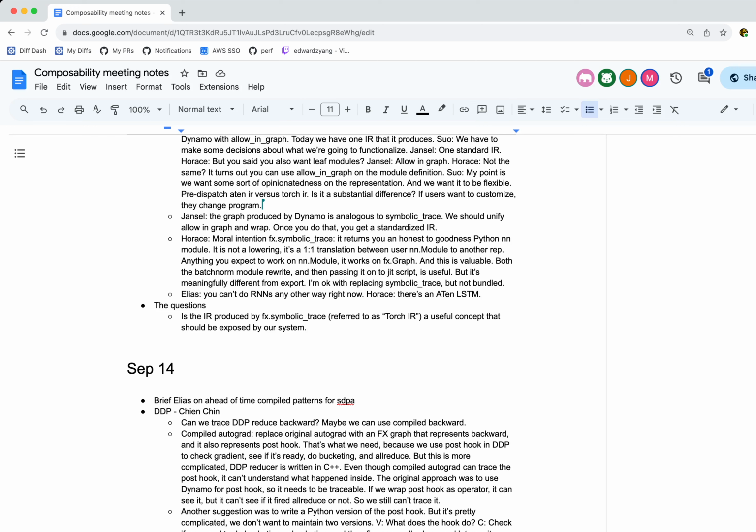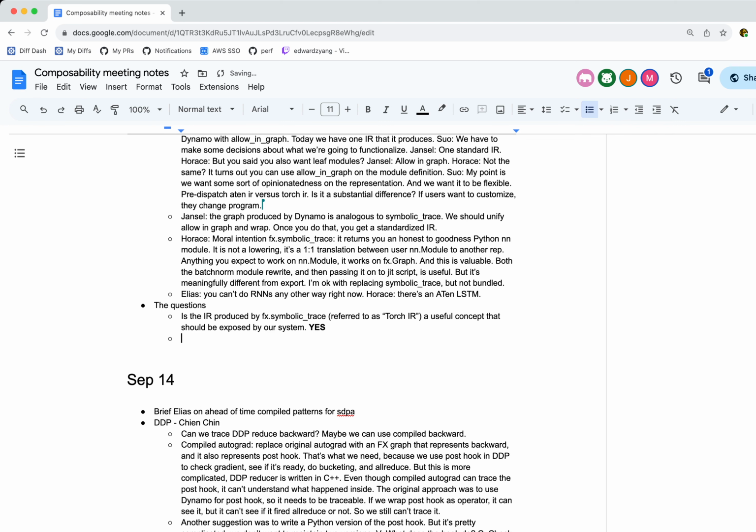And many people like Horace have said, yeah, I can see where you're coming from when you're talking about symbolic trace. So are we okay with resolving this question to yes? I am separating whether export should do this by default and whether torch compile should do this by default as separate questions. But do we agree that conceptually this makes sense and there might be some places in our system where this concept shows up? Okay, I'm resolving it this way.